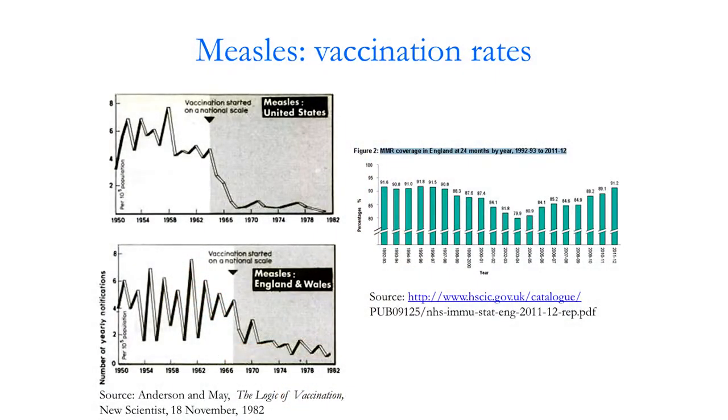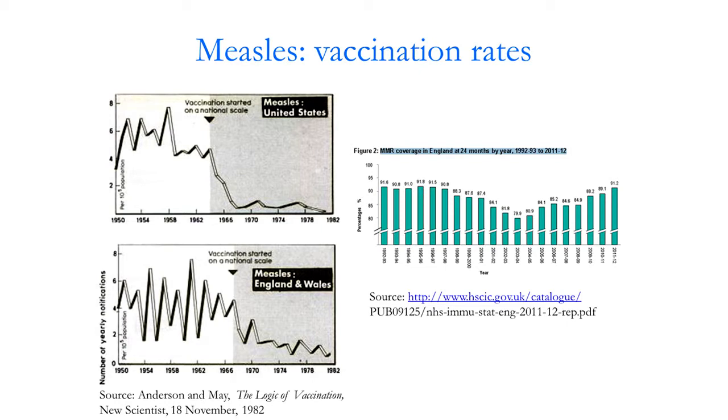And what I've just done in the next slide is to have some more up-to-date figures from one of the government websites given here. This is the mumps, measles, rubella coverage in England at 24 months from 1992 up to 2012. And let me just give you the main features.